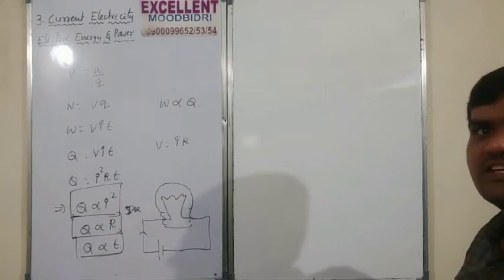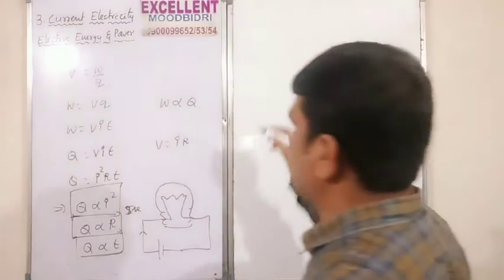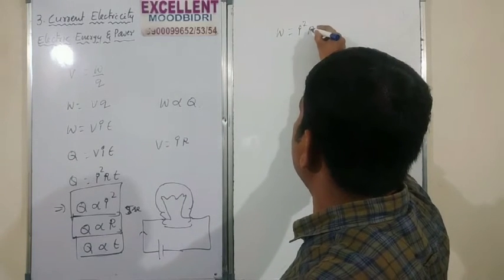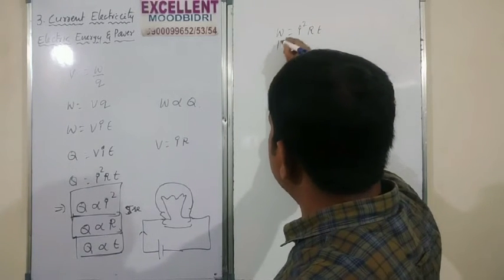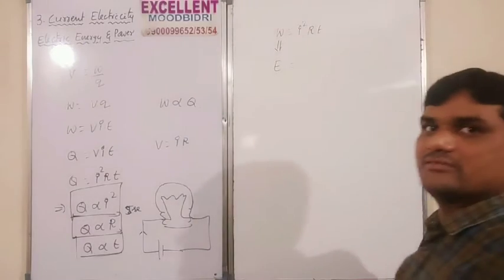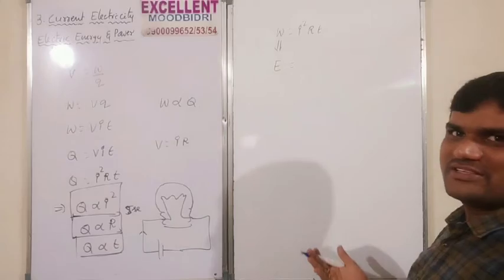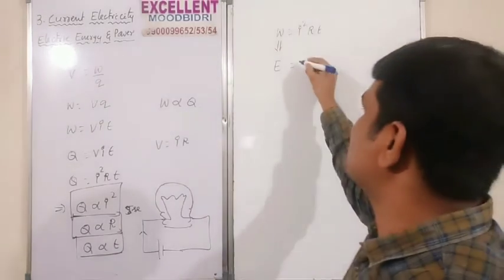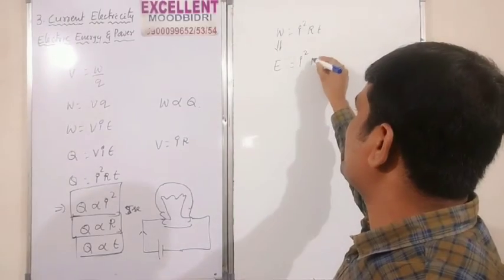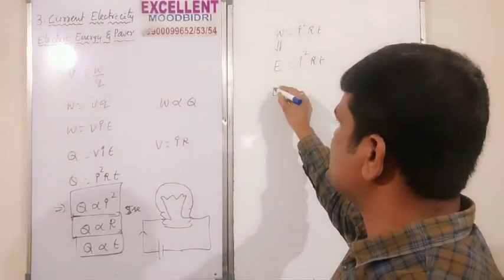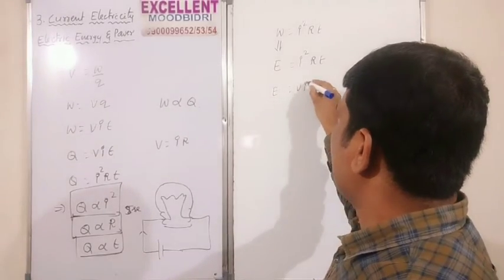So W is equal to I square into RT. Here W is nothing but electrical energy, E also, right? W is nothing but work, we can write it in the energy term only. Energy is equal to I square into RT. Similarly, so many formulas. What is that? E is equal to VIT.